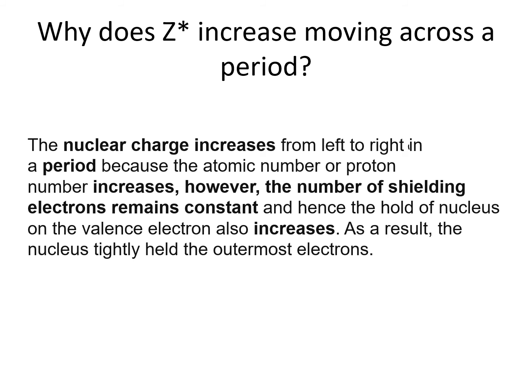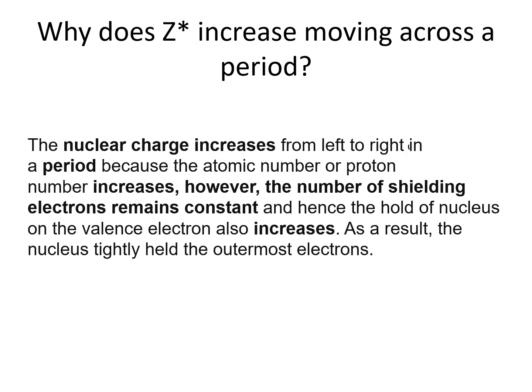The shielding electrons remain constant when you're moving from left to right across a period. They only increase when you go from one energy level to another. So those valence electrons also feel a larger positive charge from that nucleus because the shielding electrons remain constant.